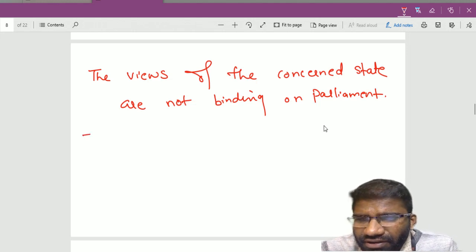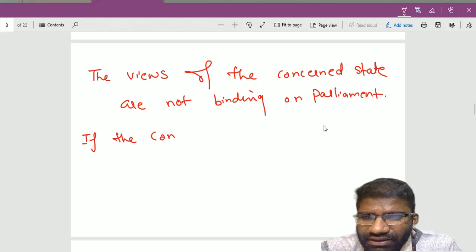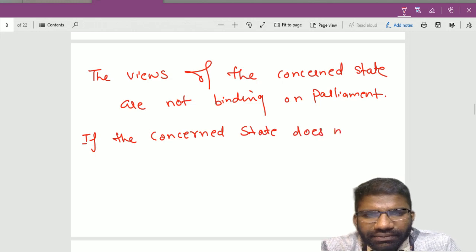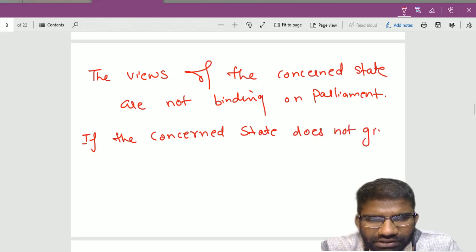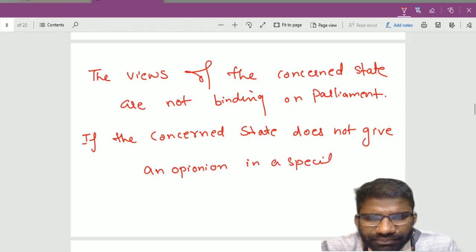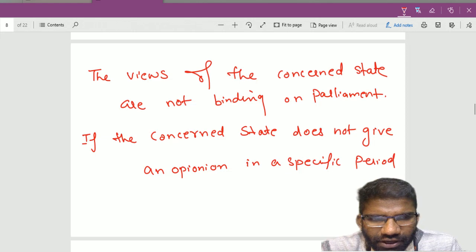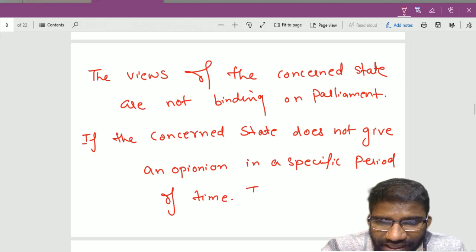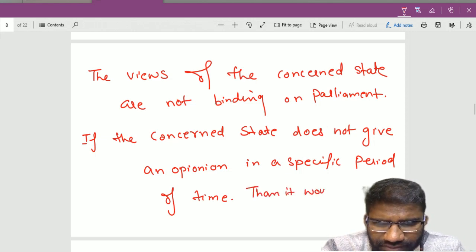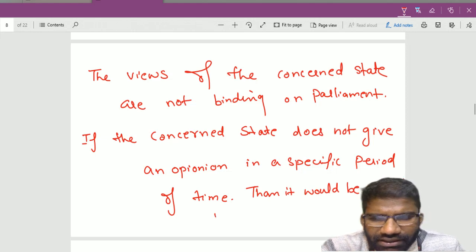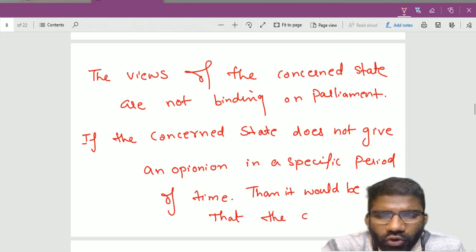Suppose the concerned state does not give an opinion in a specific period of time, then it would be considered that the opinion is given.